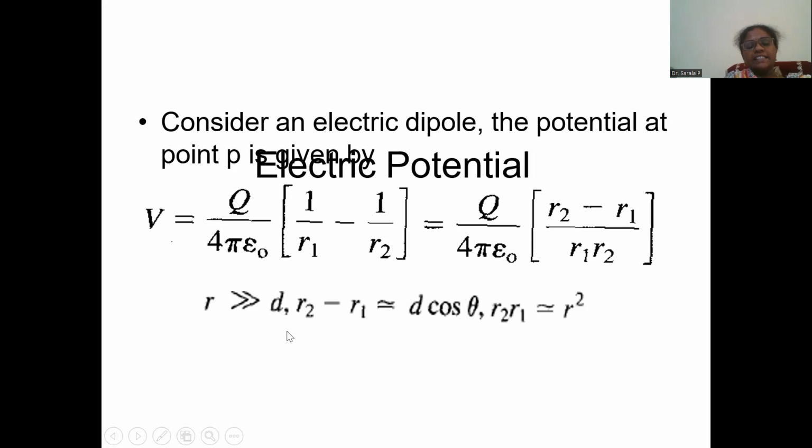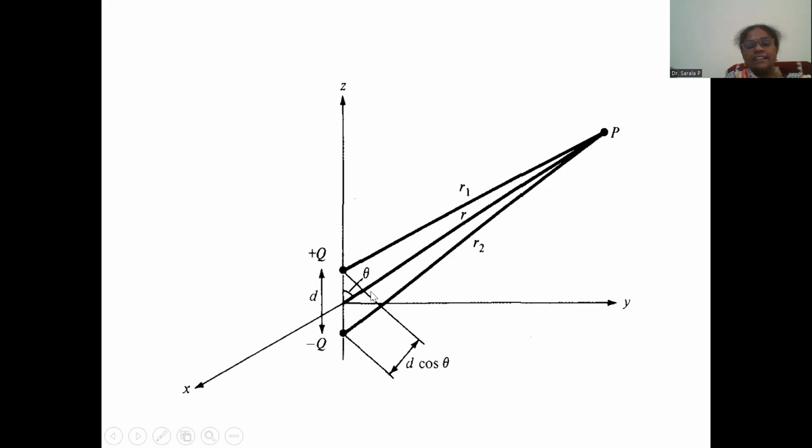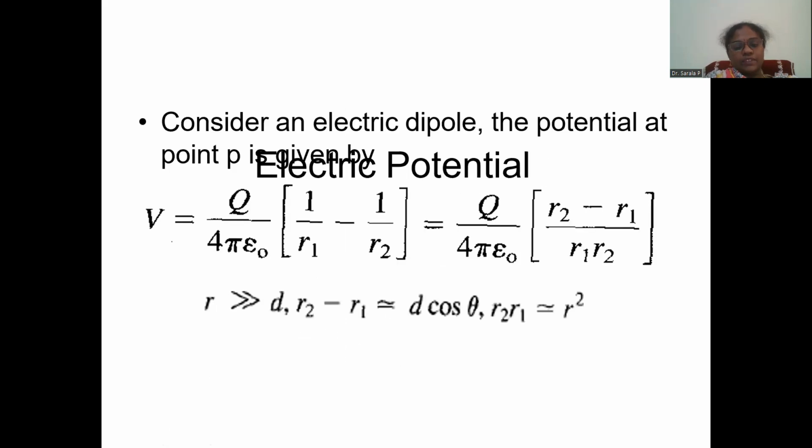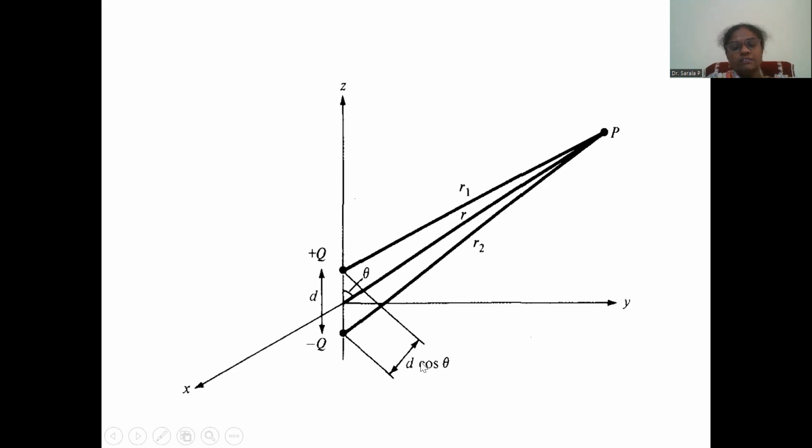So let us take R greater than d. Always consider the distance of the point from the origin to be greater than the distance between the two charges. So R is much greater than d. And let us take R2 minus R1 approximately d cos theta.